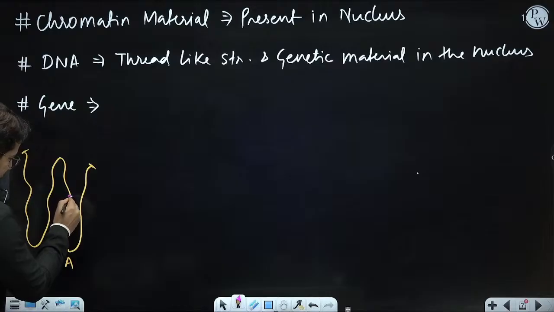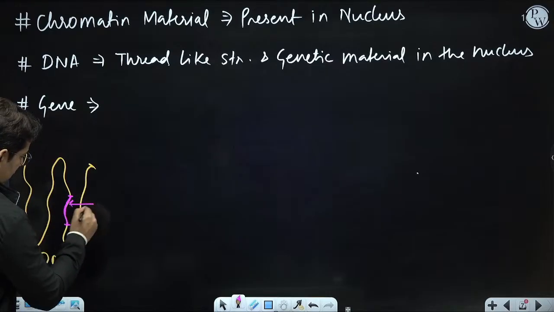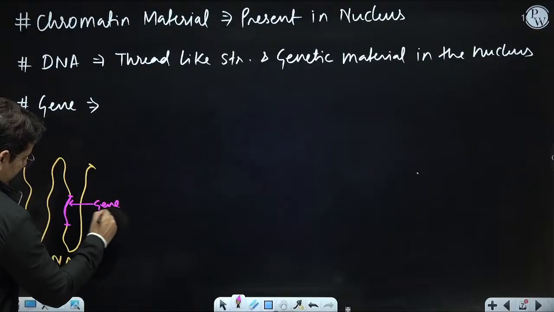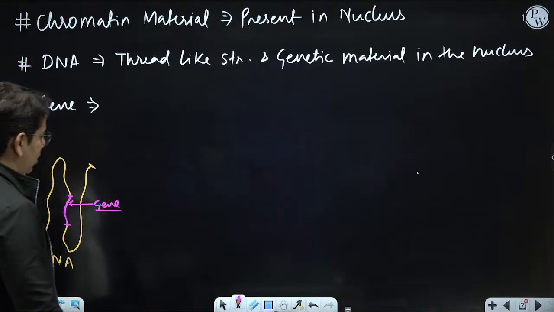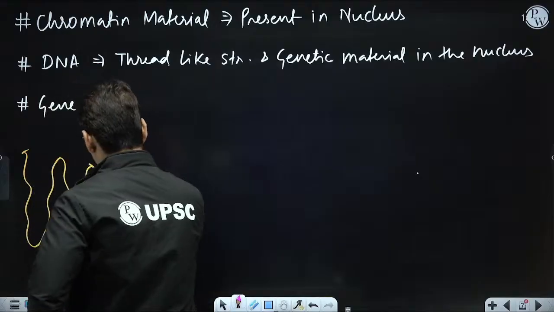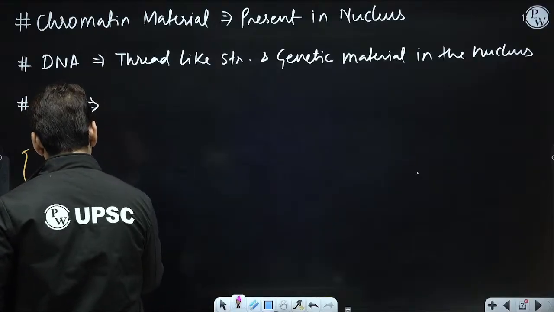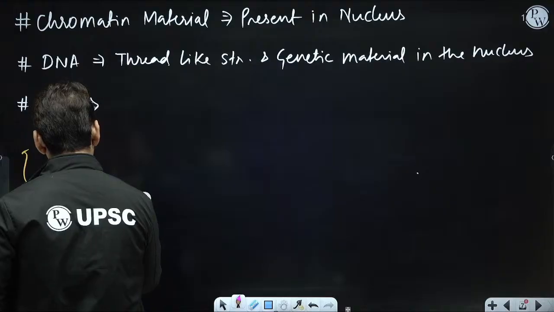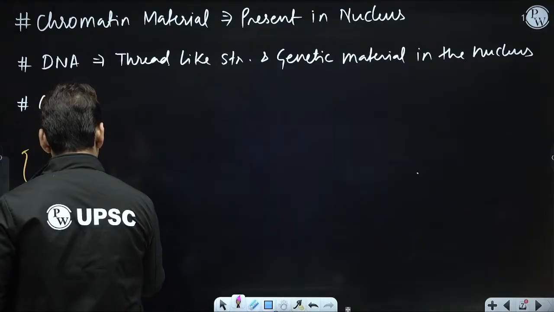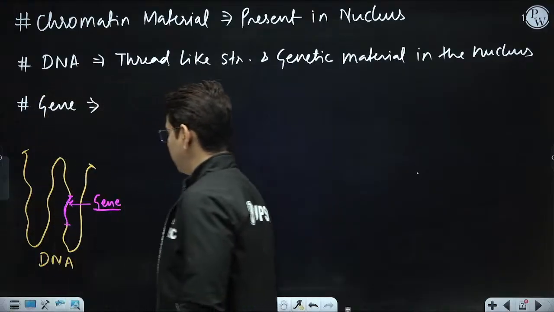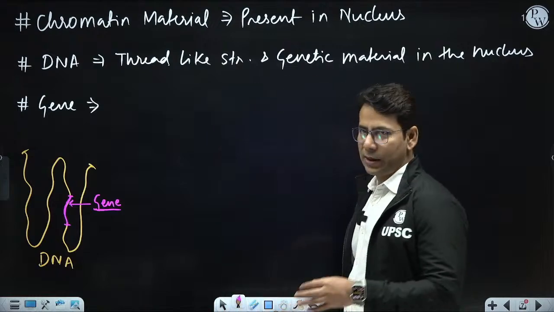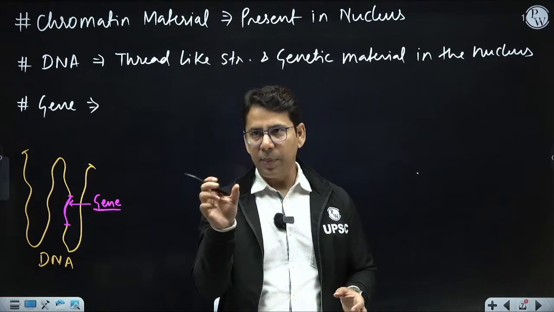This segment of the DNA is called a gene. So this is your gene. And there could be many segments, not just one segment. There could be many, many segments. What is that? Gene. So DNA is a thread-like structure and a gene is a part of it.